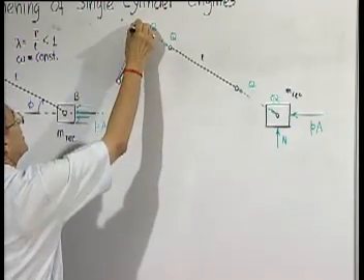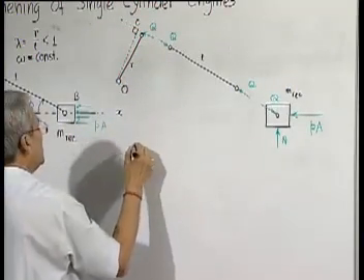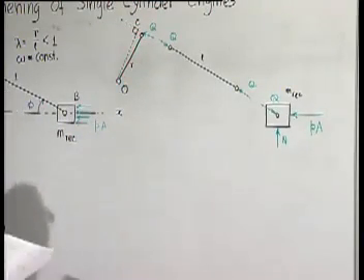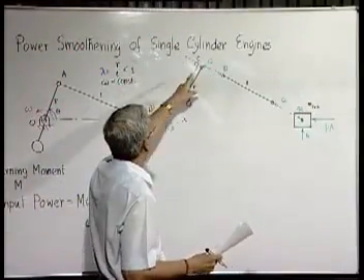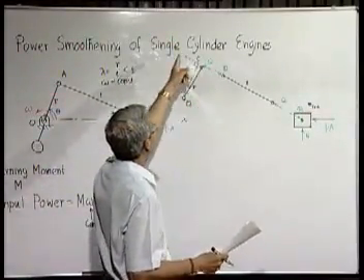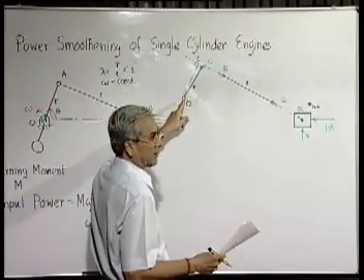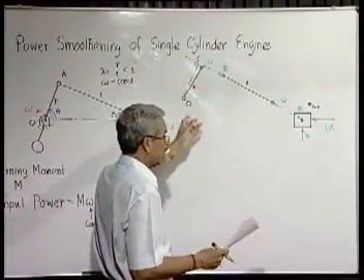So the turning moment is going to be this force Q into the perpendicular distance of the line of action of this force from the hinge crank point, and that is the turning moment.